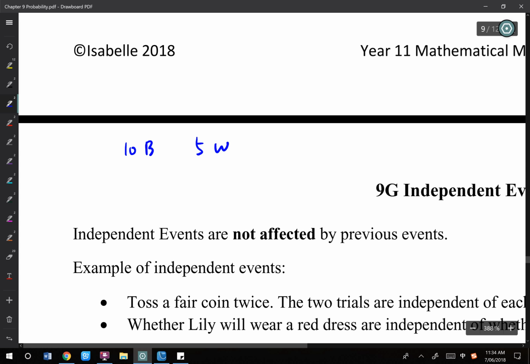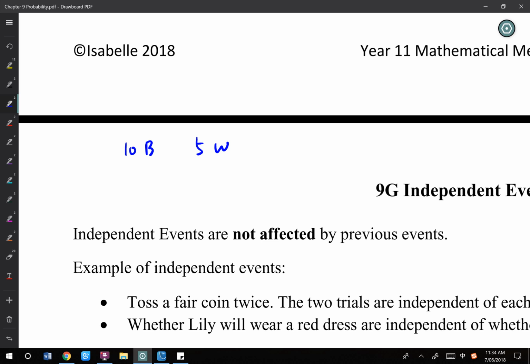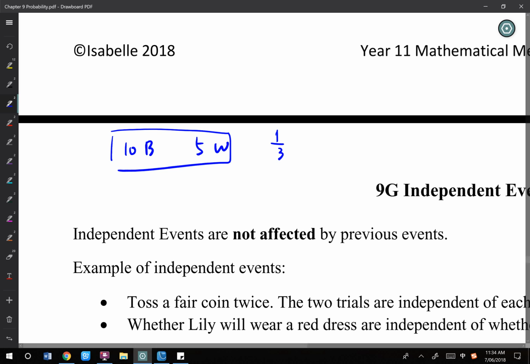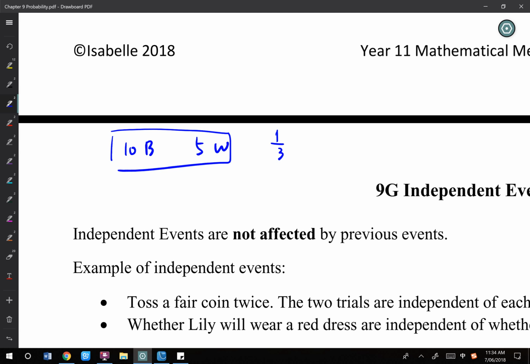What's the probability of picking a white chocolate? 1/3, right? 15 chocolates in total, 5 white, so 1/3. If I pick a chocolate and eat it, what's the probability of getting a white next time?